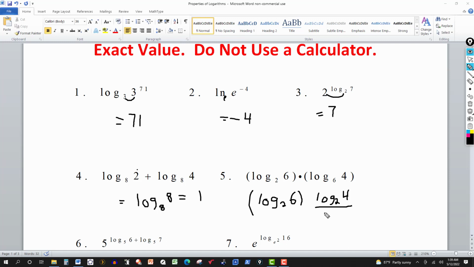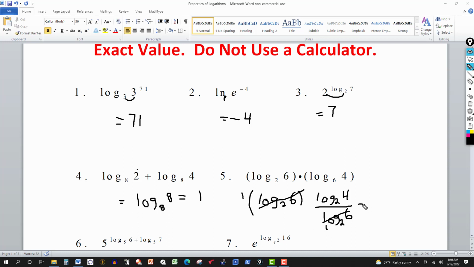And then the denominator is the log of whatever this base is, in this case 6, to whatever base you picked. And I picked 2 here. Now again, log of 6 to base 2, that's just a number. Log of 6 to base 2 over here, that's this number. One's in the numerator, one's in the denominator, so these divide out.